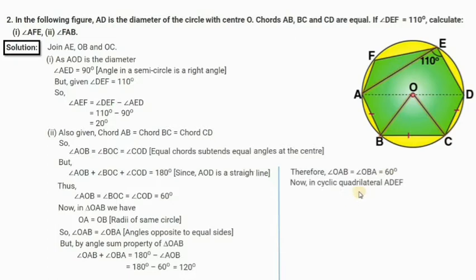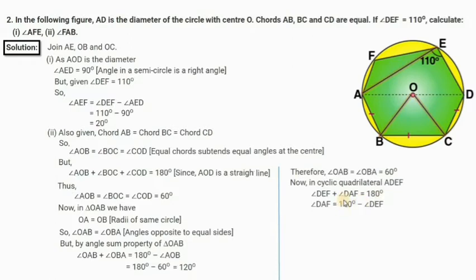All right, now let us have a look at cyclic quadrilateral ADEF. So ADEF is here. All right, now we know that DEF, so DEF means this angle, right? So this angle and this angle will add up to 180 degree, because in a cyclic quadrilateral the sum of the opposite angles will be 180 degree.